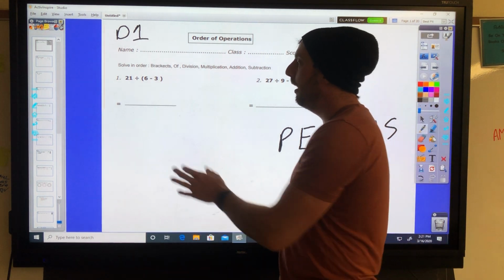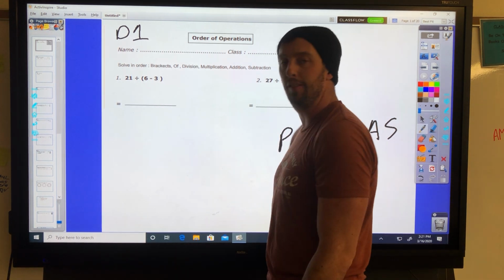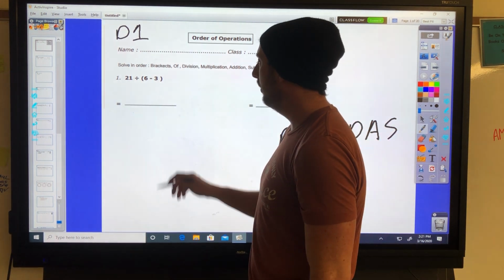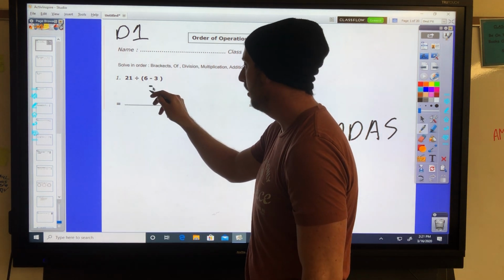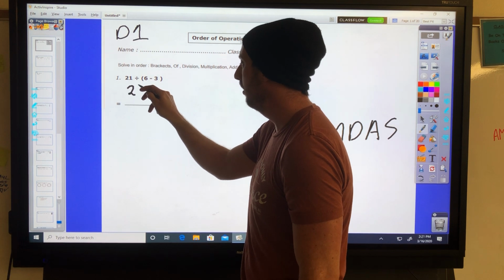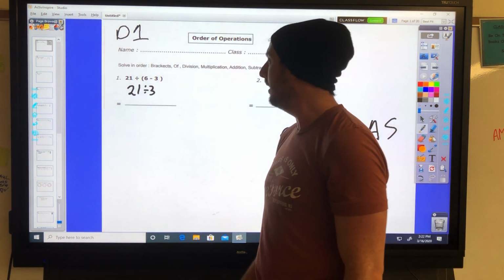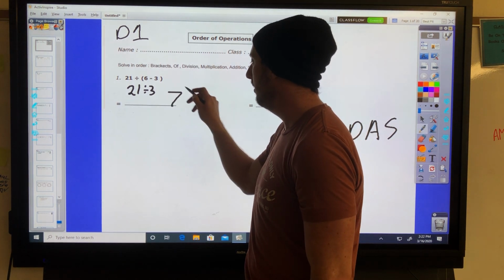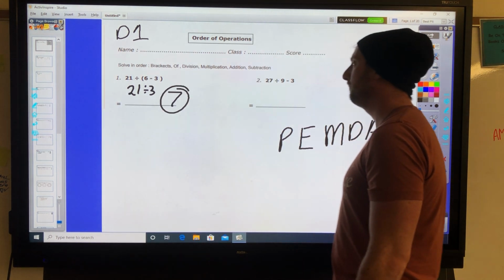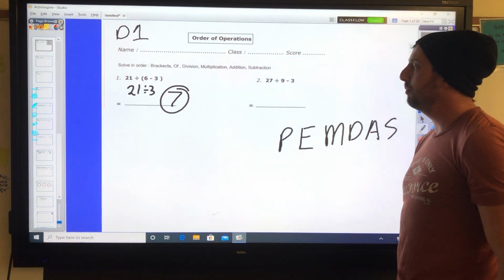So I have to do whatever's in the parentheses first. 6 minus 3 is just 3. If I rewrite the problem now, I bring down my 21, divide by 3. 21 divided by 3 is 7. 7 is my answer.